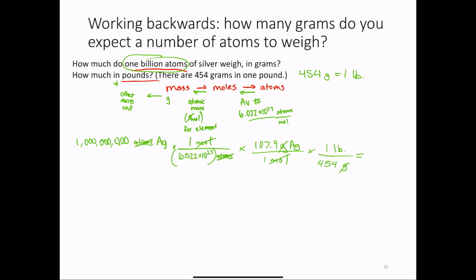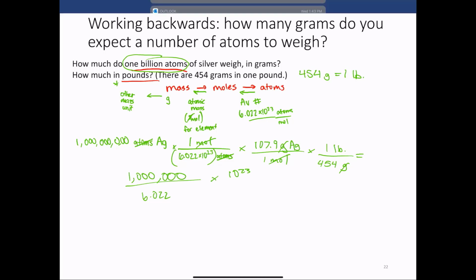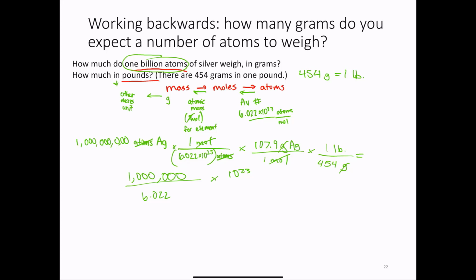But usually what people do is they will type this into their calculator without any parentheses, and what happens is your calculator interprets that as 1 billion divided by 6.022, and then times 10 to the 23rd on top, and that is not at all what you want. So instead, what you do is you do what I showed you here.